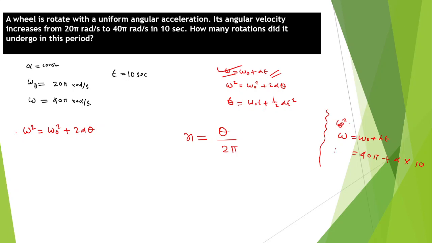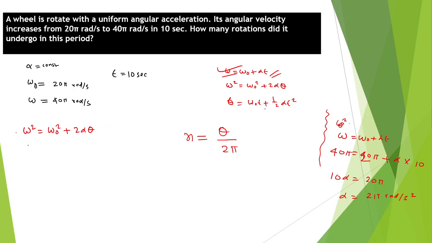Omega is also given, that is 40 pi. I made a mistake before; it will be 20 pi. Clear? So we can write 10 alpha equals 20 pi. That means alpha equals 2 pi radian per second square. So the value of alpha is 2 pi radian per second square.